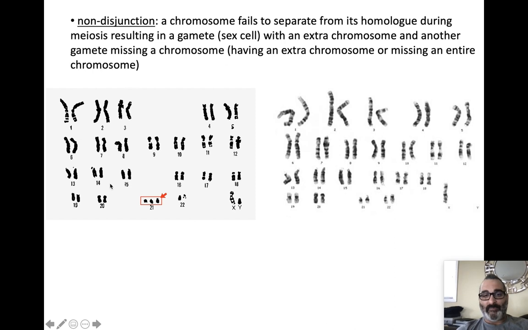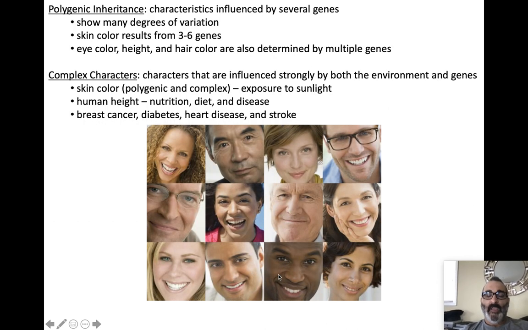And one of the problems that they incur, because of this extra 21, some of them have heart problems too. It's very sad. This person here, this is called Turner syndrome, I believe, or monosomy X syndrome, where you only have one X, basically. They would be female because they don't have a Y. As long as there's an X, no Y, you would have a female here. So non-disjunction, extra chromosome, missing a chromosome.